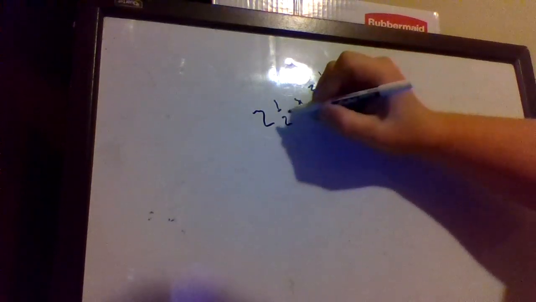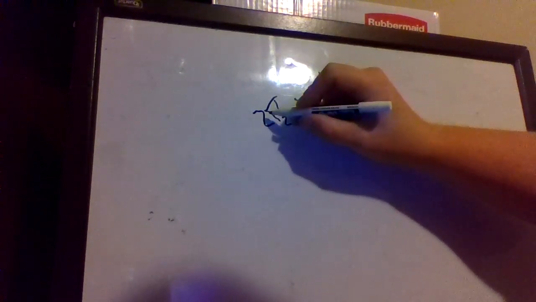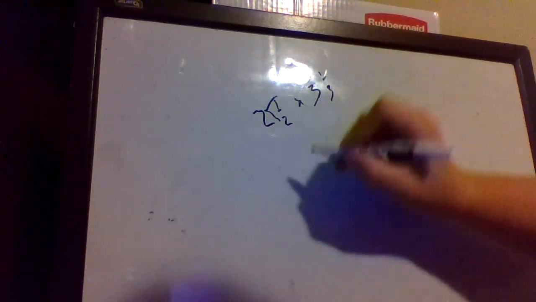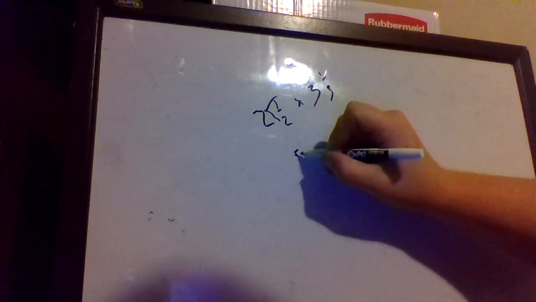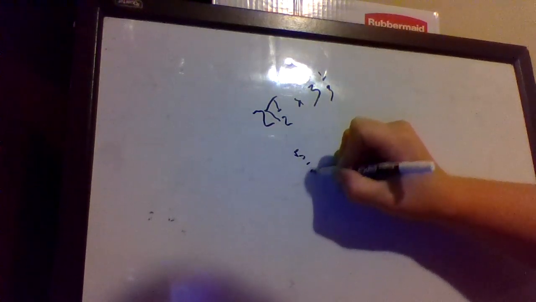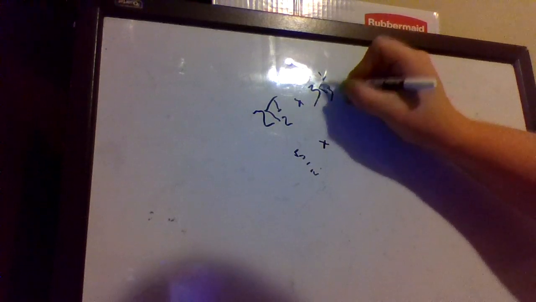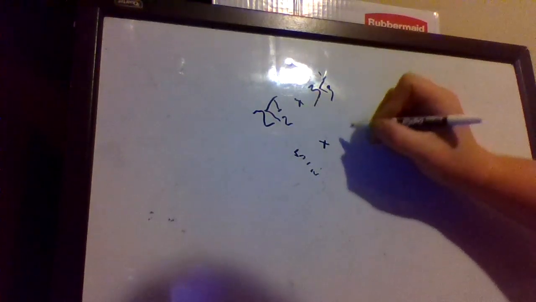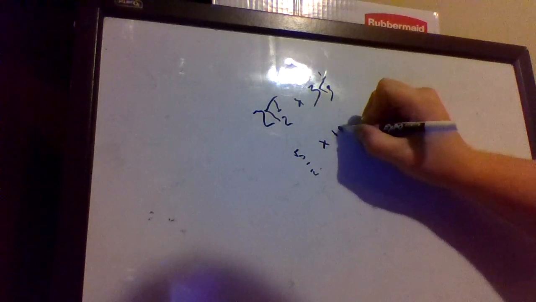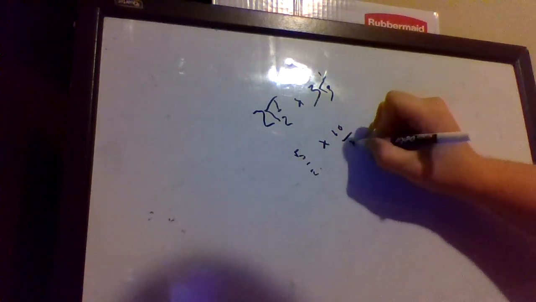So the first thing you need to do is convert these. 2 times 2 is 4. 4 plus 1 is 5. So we got 5 over 2 times 3. 3 times 3 is 9. 9 plus 1 is 10. And we keep our denominator.